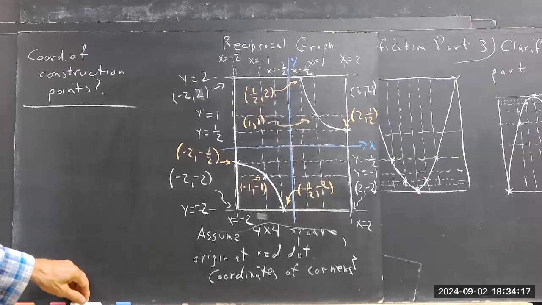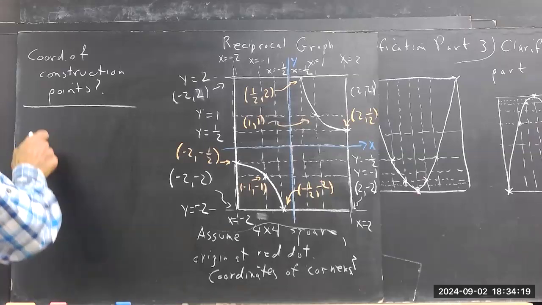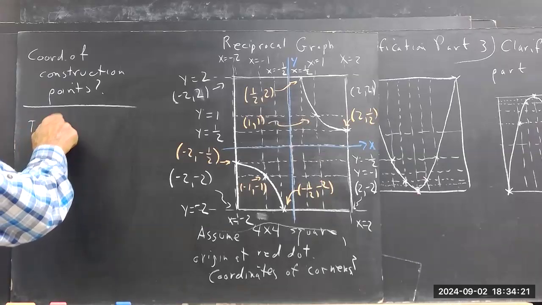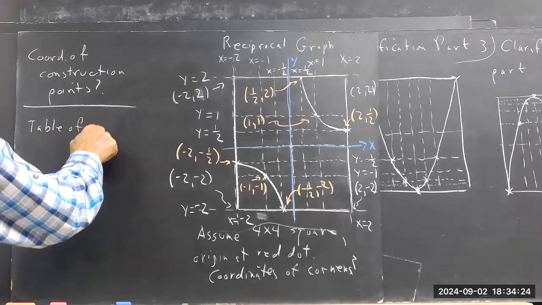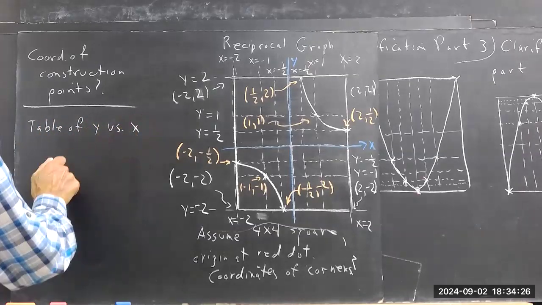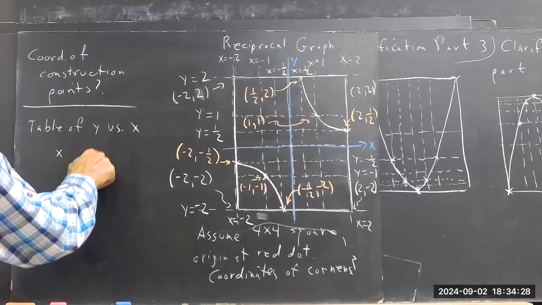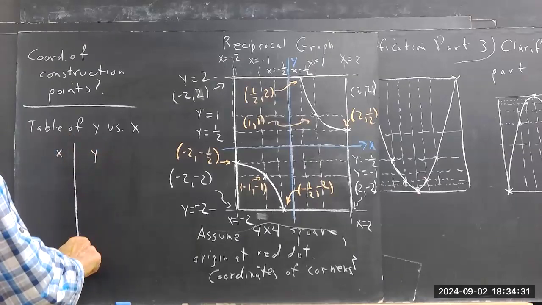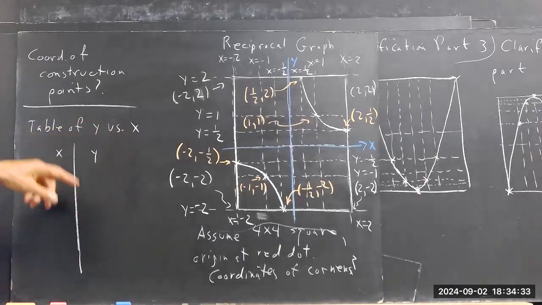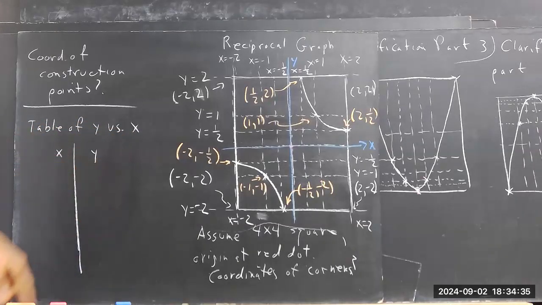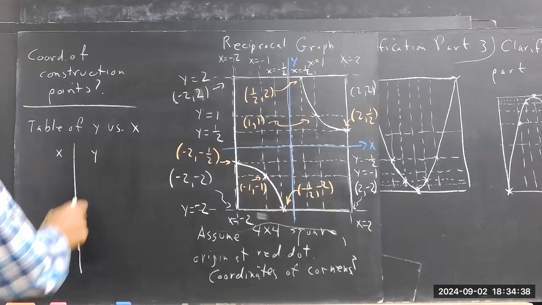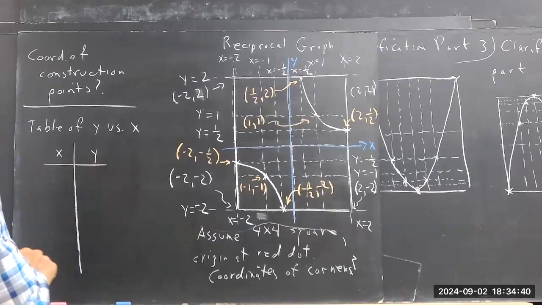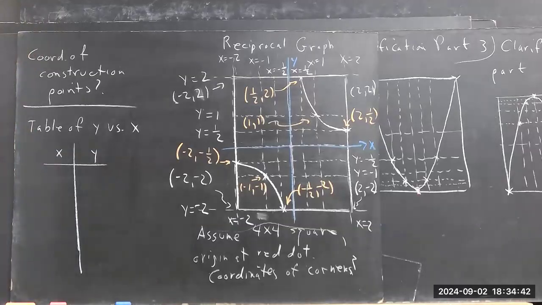The next thing I want is tables. If you do y versus x, x goes first, y goes second. So there's a table. If you didn't know that already, go ahead and fill it in.